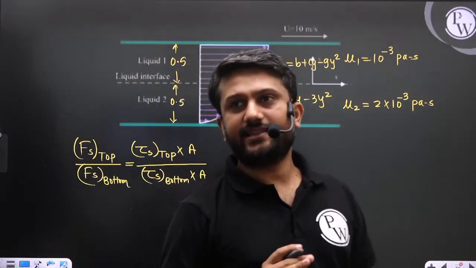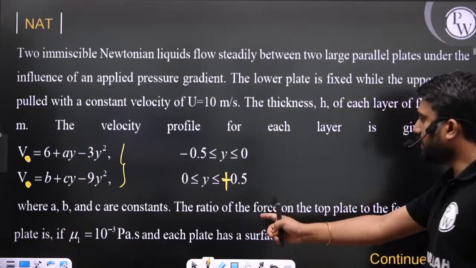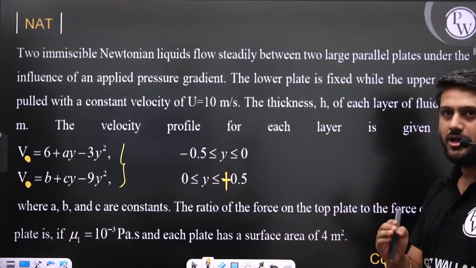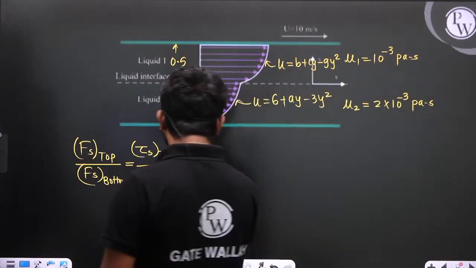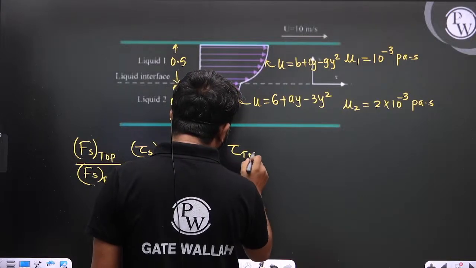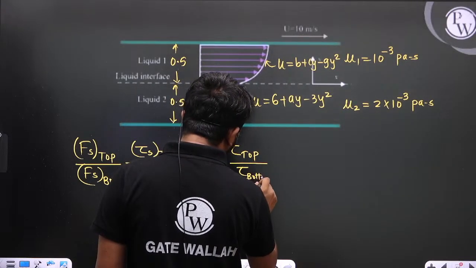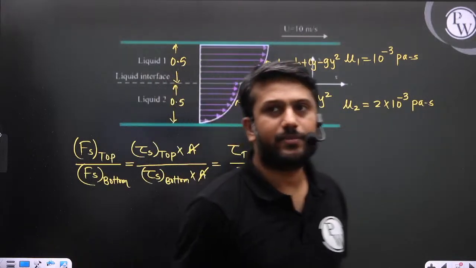The area is the same for both plates, since each plate has a surface area of 4 meter square. So the areas cancel out. Ultimately, what you get is the shear stress on the top plate to the shear stress on the bottom plate.